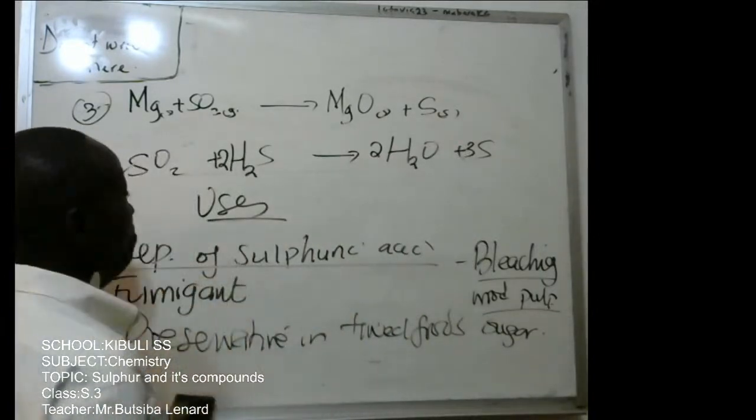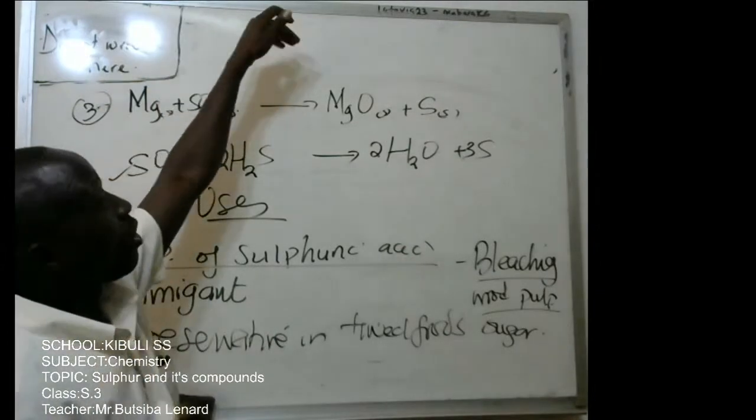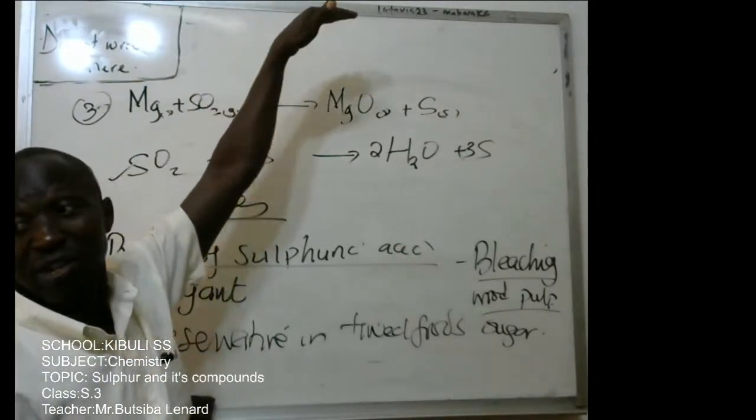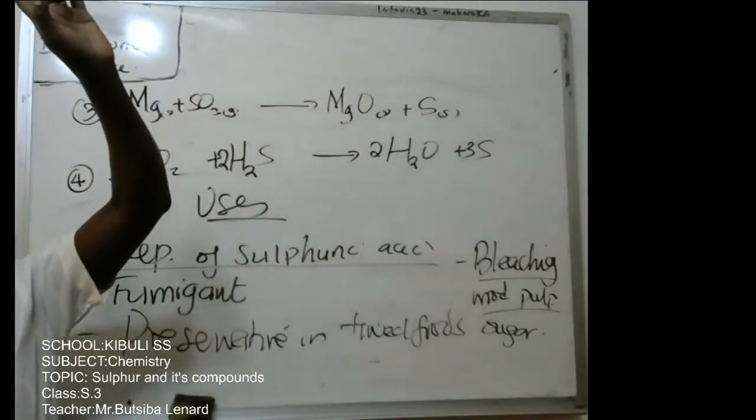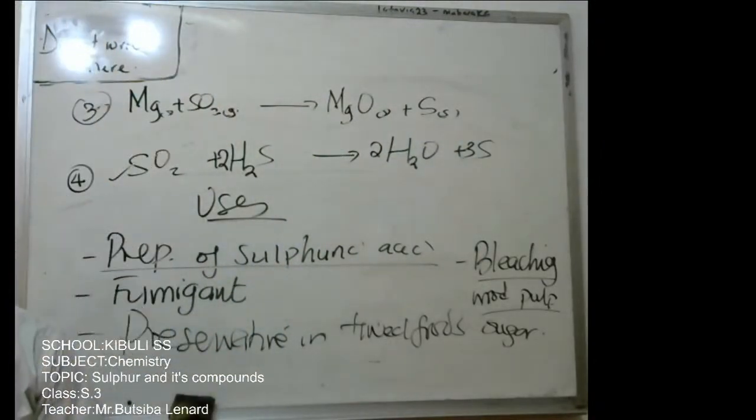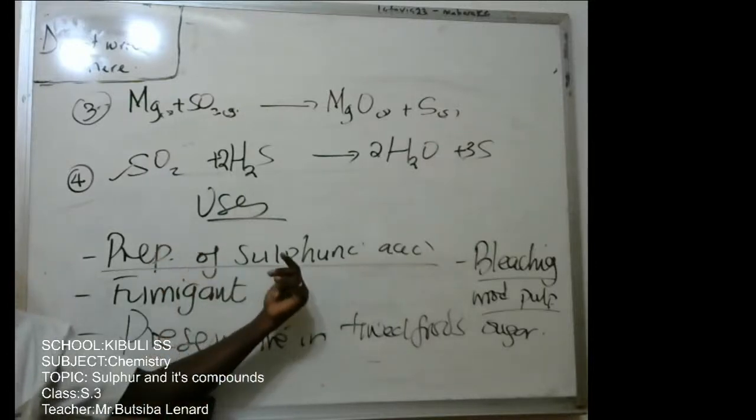So what do you expect? That blue litmus paper should turn red and after some time to white. What does it mean? Sulfur dioxide is a bleaching agent. From blue to red, then from red to white. It has bleached.